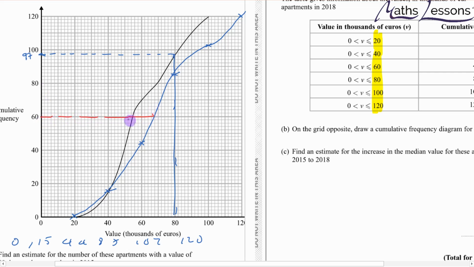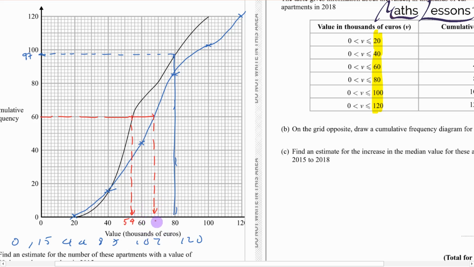So we can see in 2015 we've got this value here, going all the way down to slightly more than there. And then we've got this value here. Again, they would take it from your graph, make sure you use a ruler. So this one's about 54, maybe 55,000.